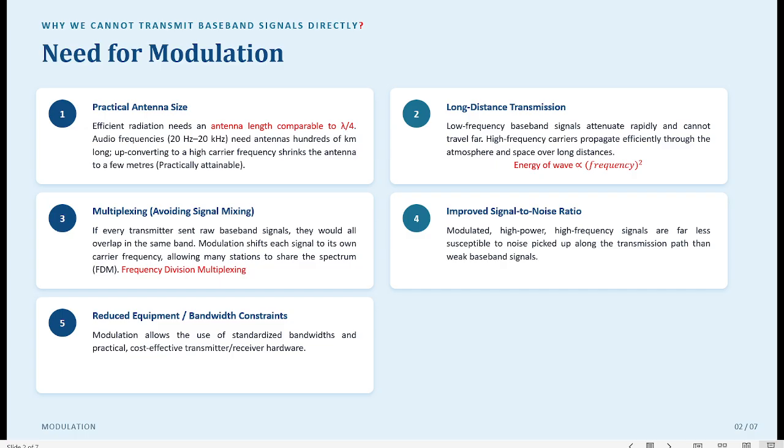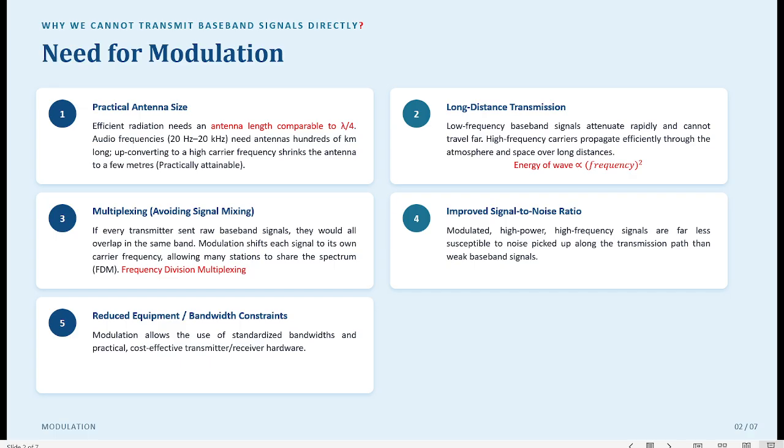The first one is the size of the antenna. The first consideration we must take into mind is the size of the antenna. If we directly transmit the message signal, then the height of antenna required for this purpose will be very large, which is not practically feasible, as the practical antenna height is of the order of lambda by 4.